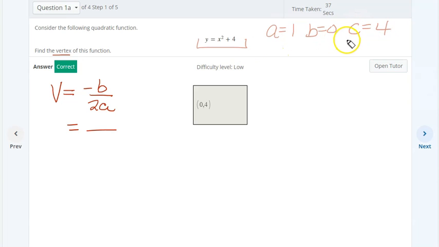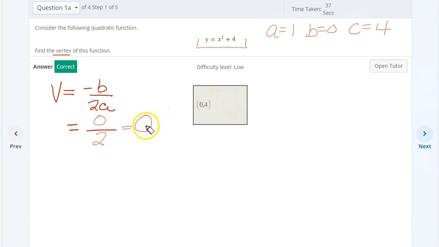Well, we don't need the C. We need a negative B. So there is no B, so that's going to be 0 divided by 2 times A, which is 2. So when 0 is divided by anything other than a 0, the answer is 0.